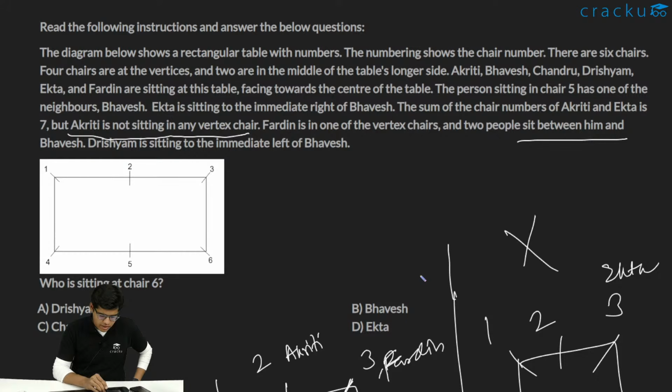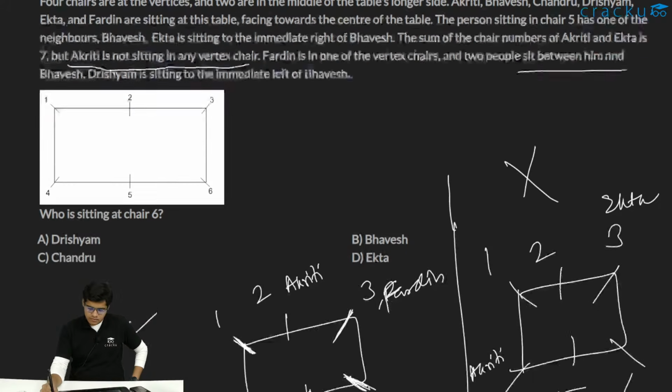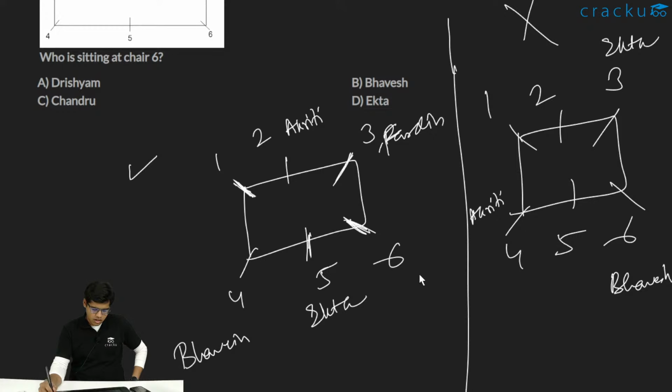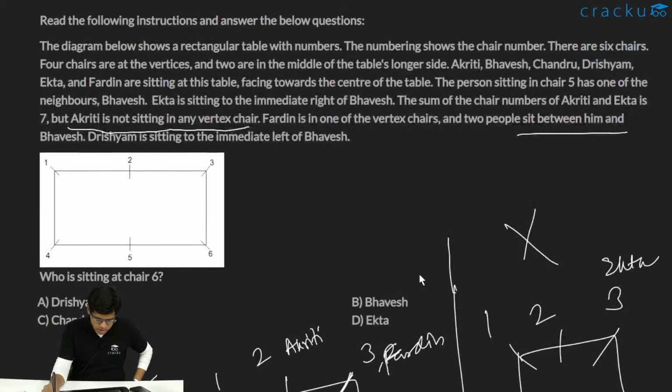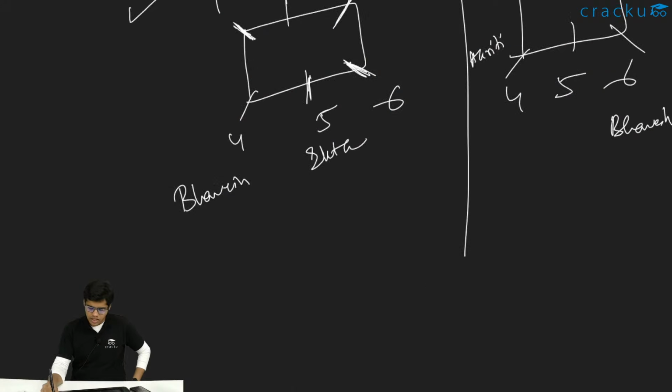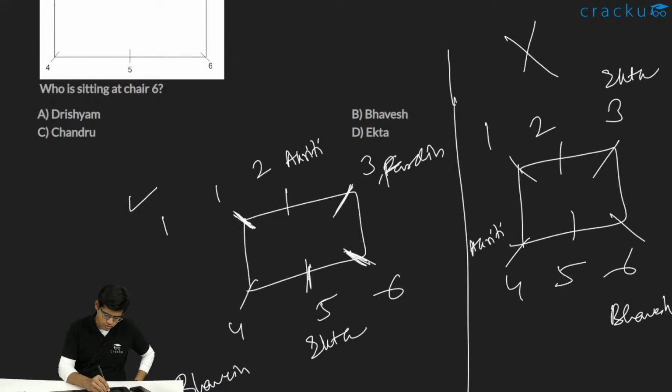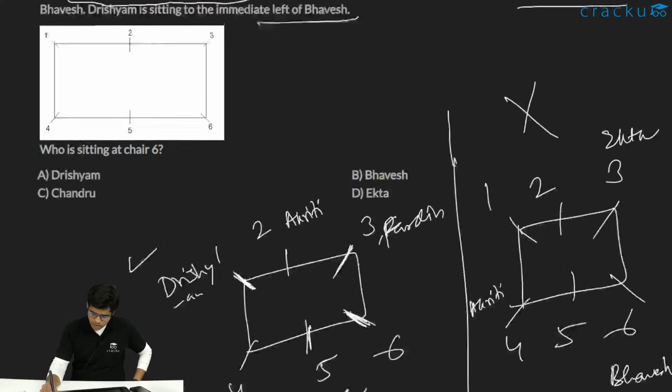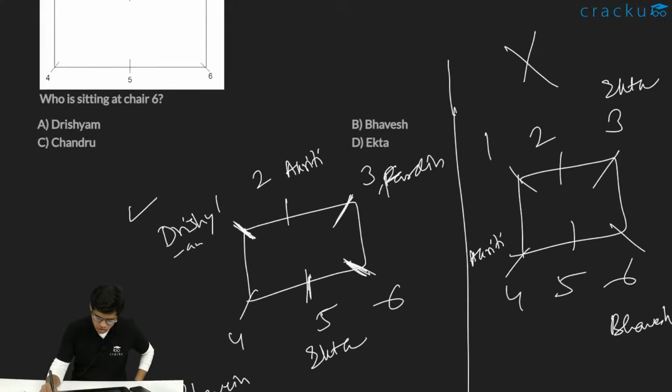And Drishyam is sitting to the immediate right of Bhavesh, sorry, immediate left of Bhavesh. I misread it. So Drishyam has to be here. Now, with Ekta and Bhavesh placed, we are left with C, person C, who is Chandru.